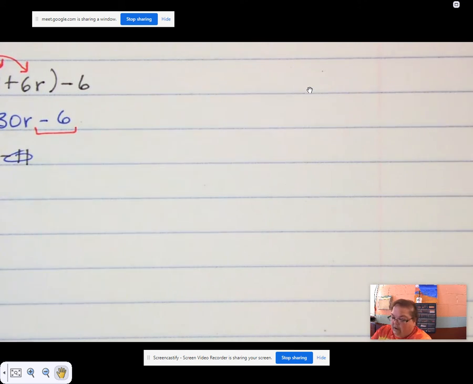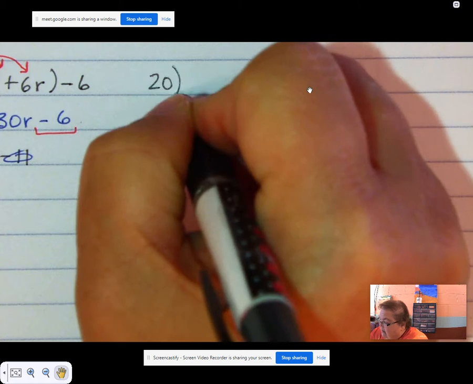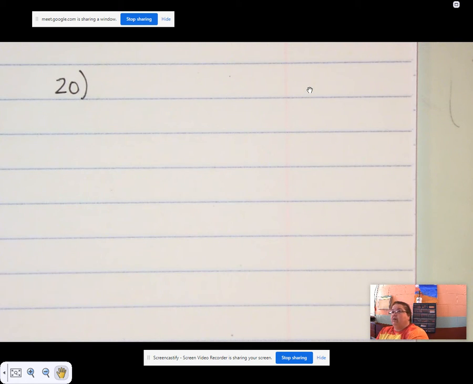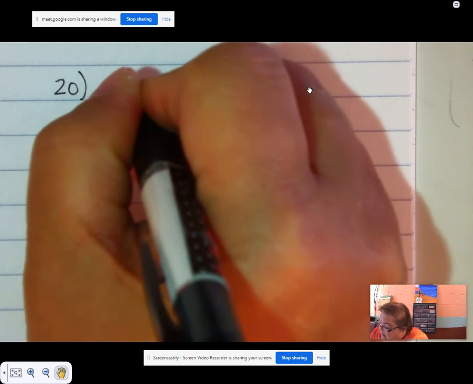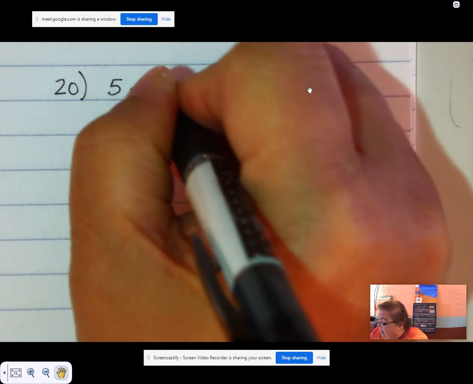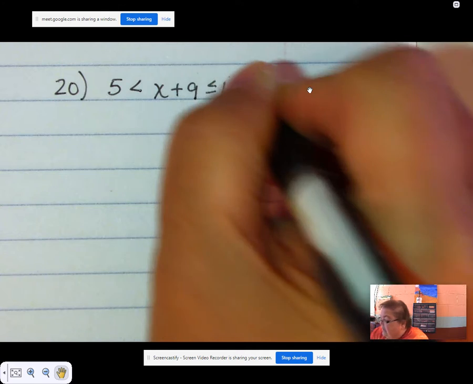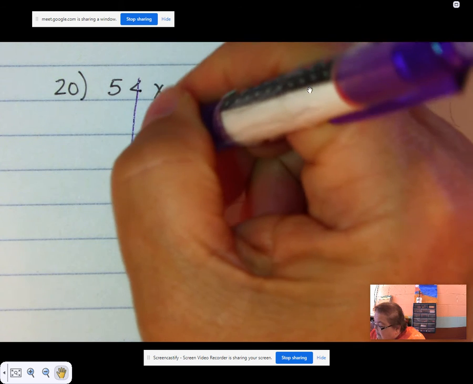I want to work number 20, which is a homework problem of yours. If you worked number 20 and got it wrong, I do want you to fix it. Okay? All right, so number 20 is 5 is less than x plus 9, which is less than or equal to 10. Now what we have here is a compound inequality.